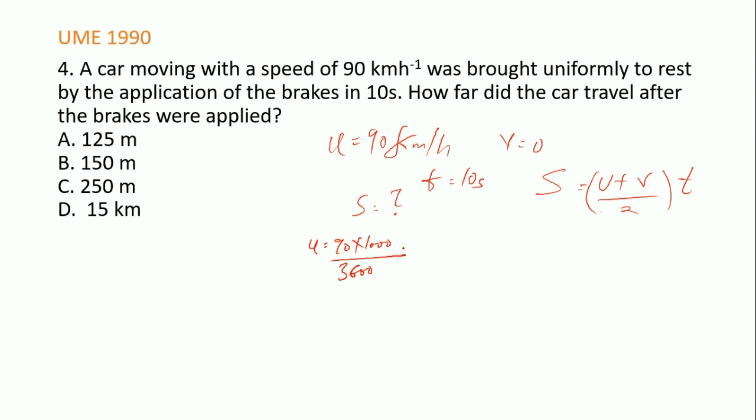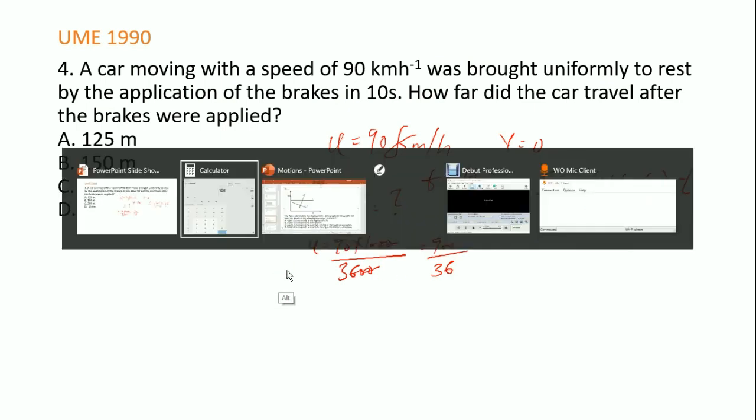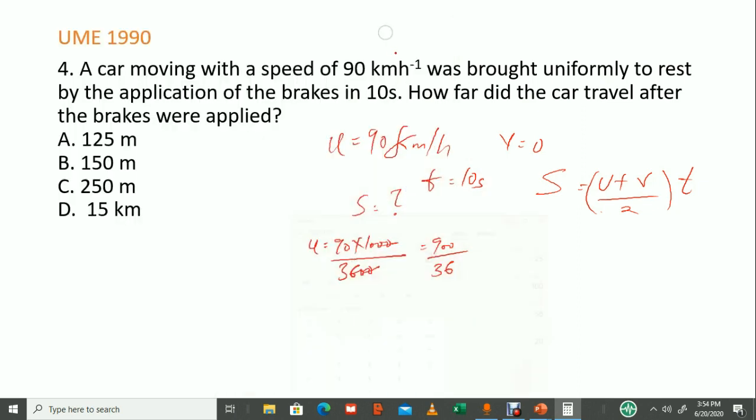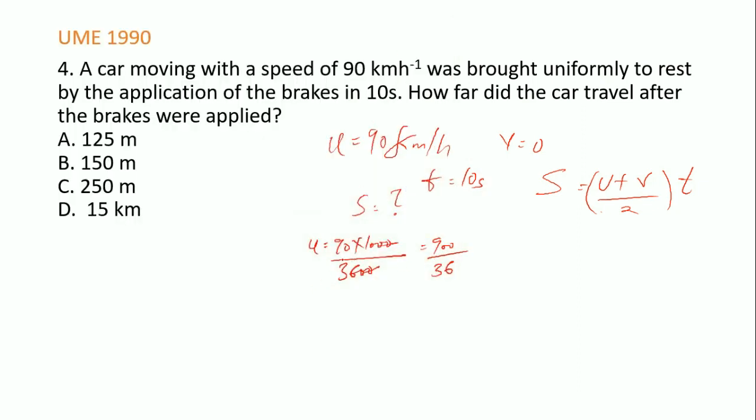So we cancel, and we will be having 900 divided by 36. Let me just make use of my calculator right here. 900 divided by 36 is 25.